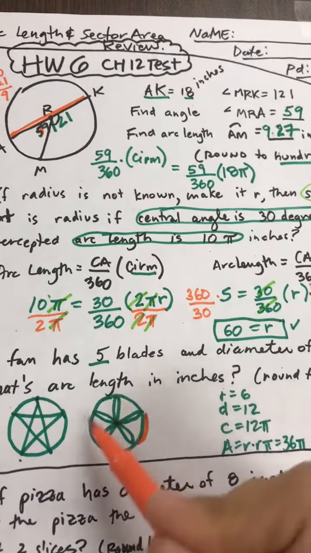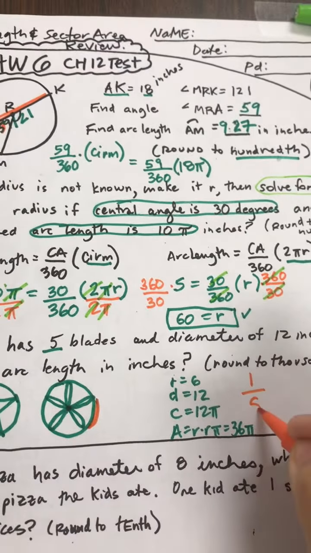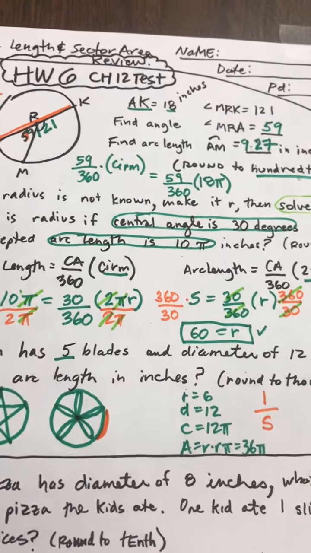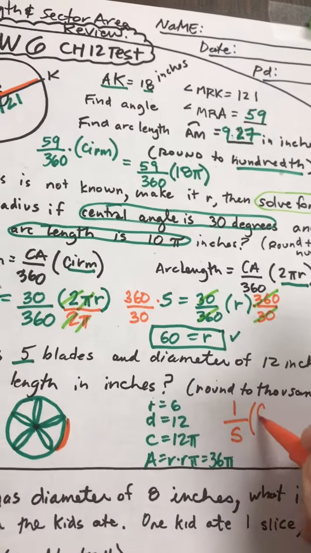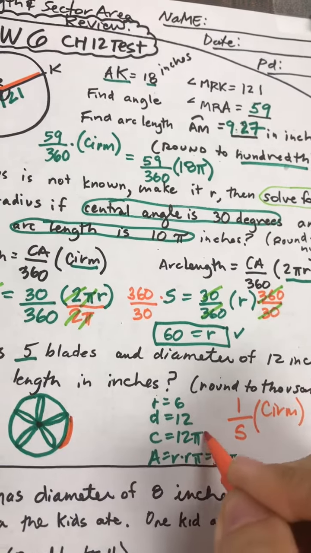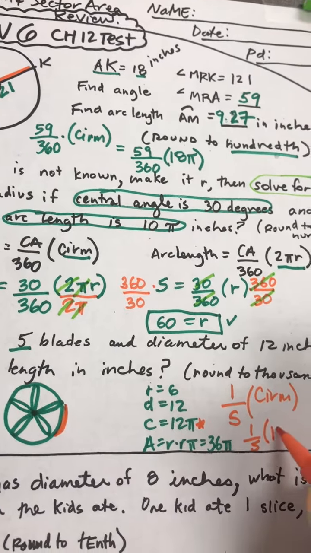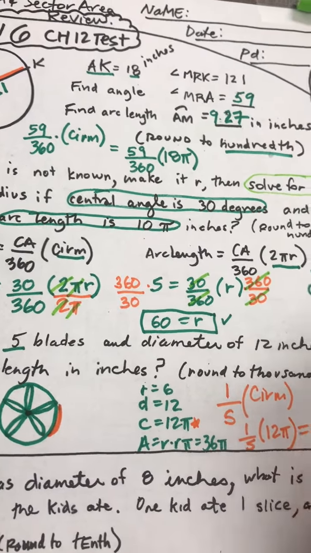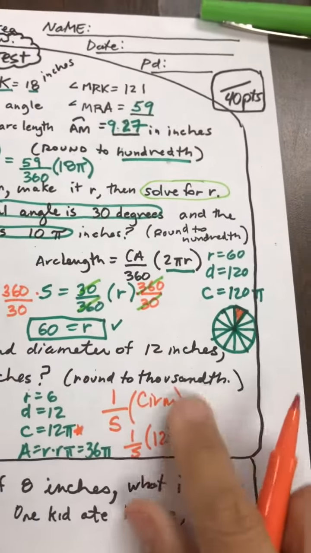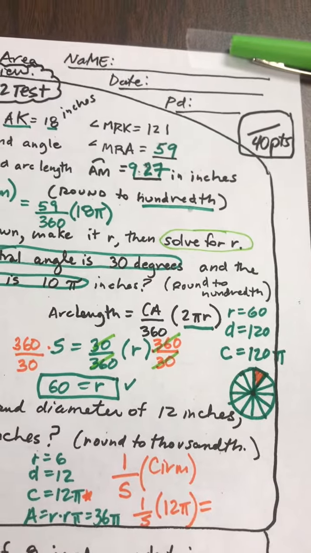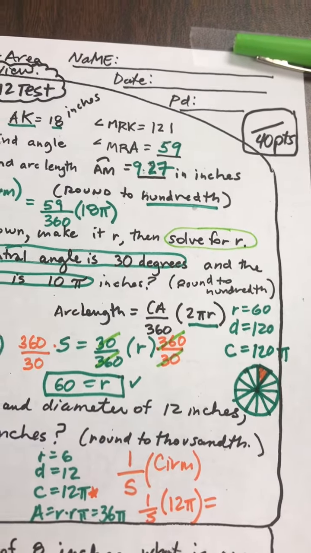So instead of the whole circumference, I want 1/5 of the circumference. Makes sense where that number 5 came from. So 1/5 of the circumference, since that's our circumference, is 1/5 of 12 pi. And we've got to round that. So let's do it. 1 divided by 5 times 12 times pi.